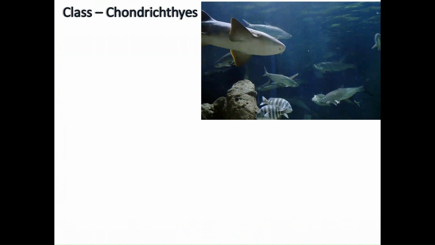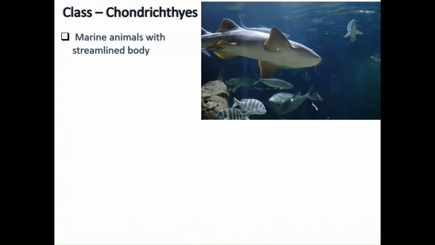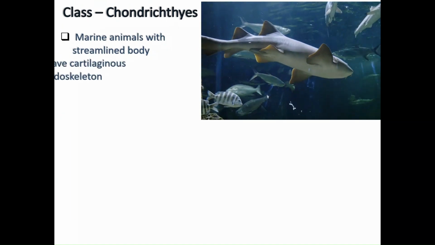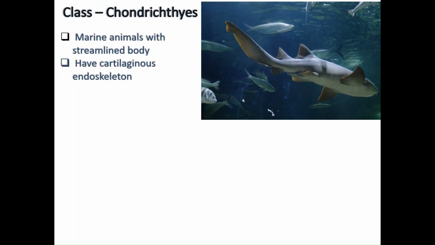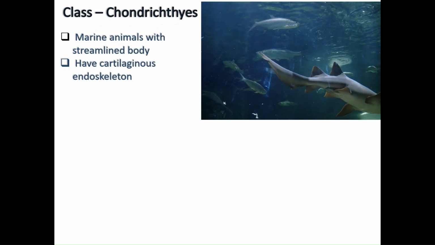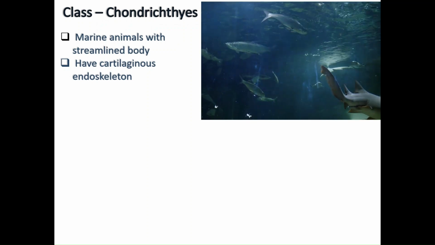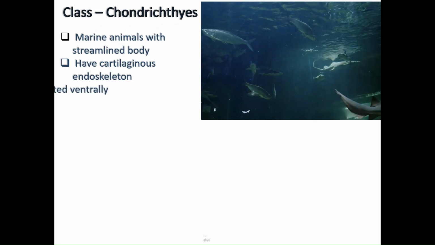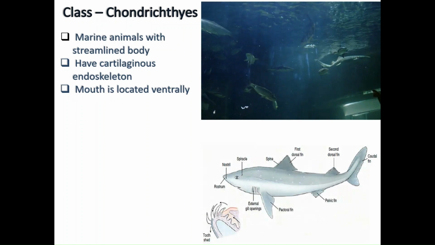The next class, Chondrichthyes. They are marine animals with streamlined body. They have cartilaginous endoskeleton. They also don't have any bones, but they have cartilage. Their mouth is located ventrally, and notochord is present throughout their lifetime.